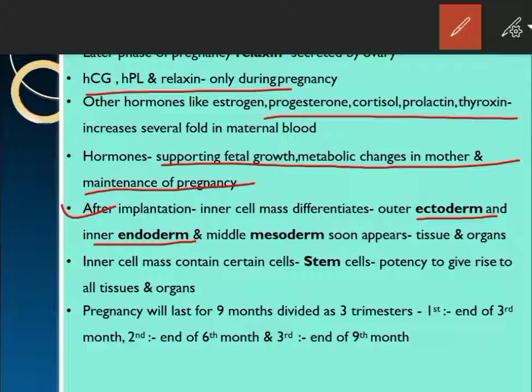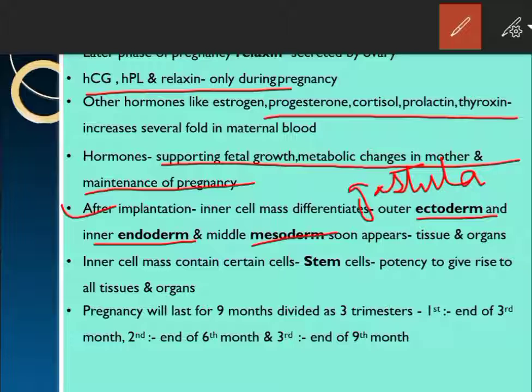Then a mesoderm is soon developed between the ectoderm and endoderm, thus transforming the blastocyst into a three-layered structure, which is called gastrula. And this process is called gastrulation, that is formation of germ layers.